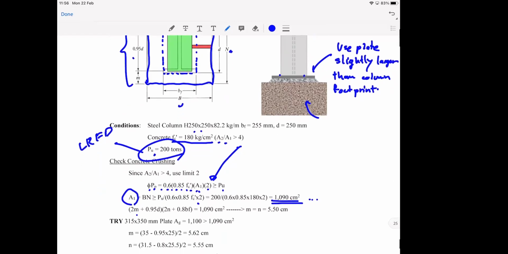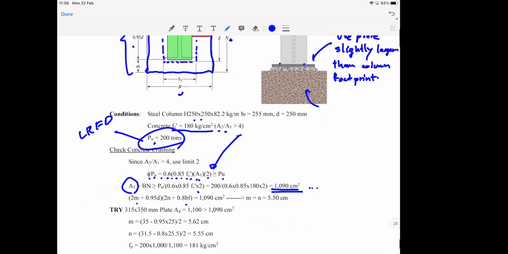So that's your area equation. You see, actually, it becomes one equation but two unknowns. So I can set M equal to N first to optimize my situation, so to speak. I solved this and I got M equal to N equal to 5.5.